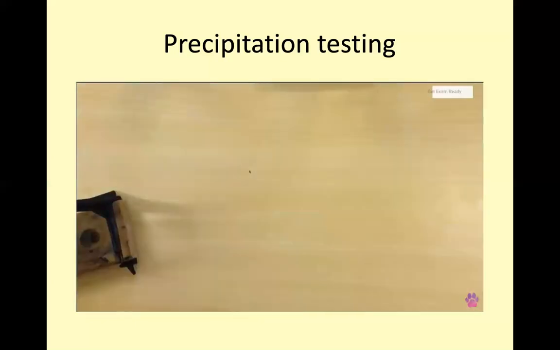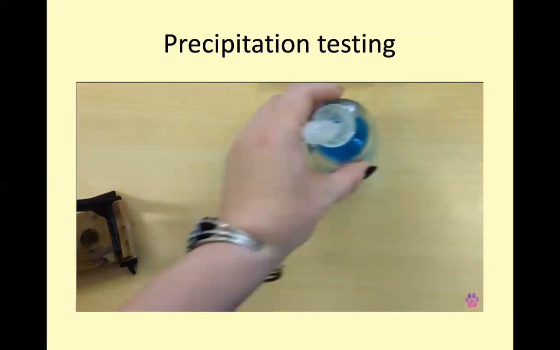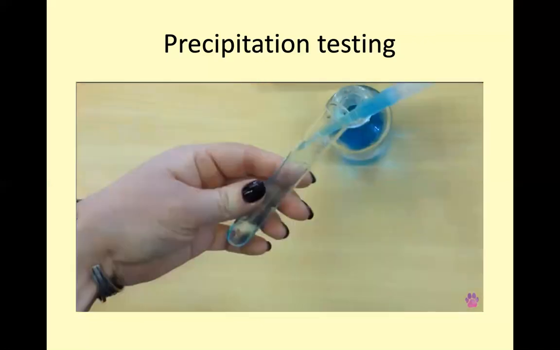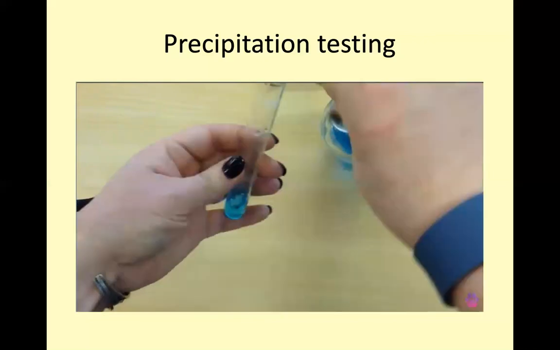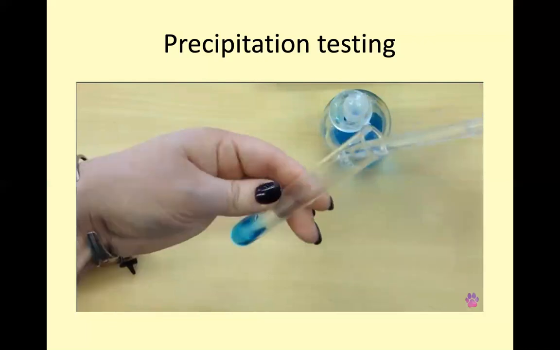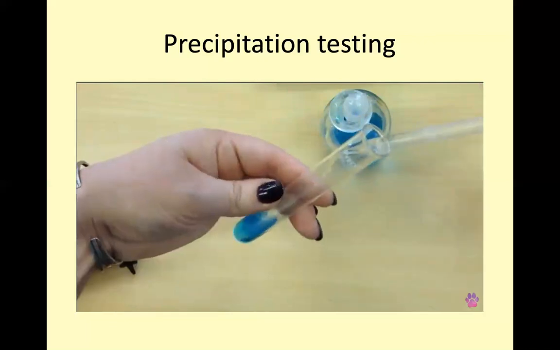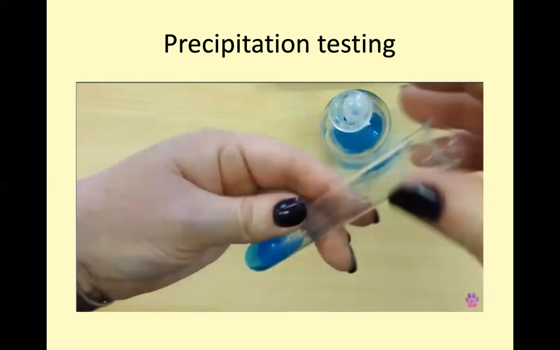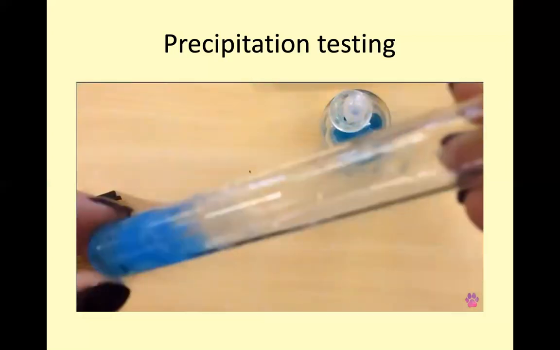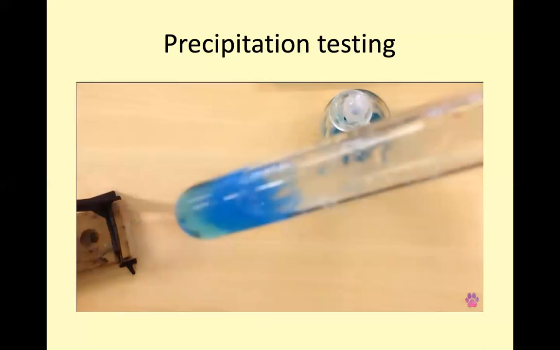The next one I'm going to do is going to be copper. So taking a nice lot of my copper into my test tube, reacting that with my sodium hydroxide. And if you watch what happens, let me bring that up a bit closer for you. You can see that a blue precipitate has formed on that.